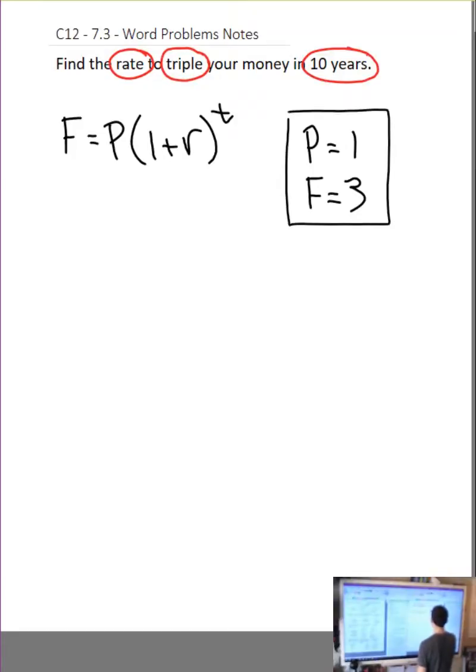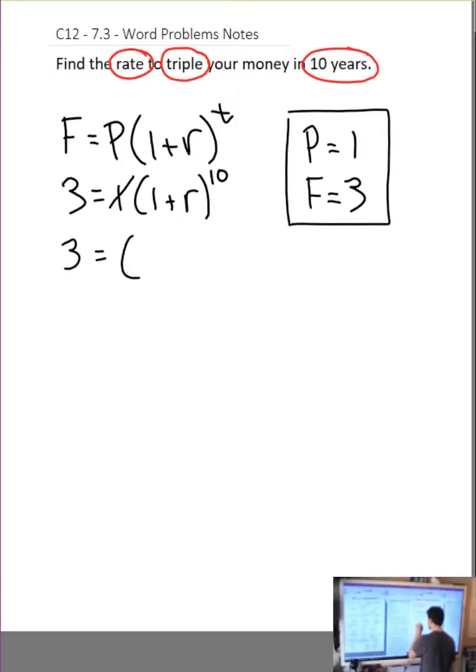Notice we didn't get that information in the question, and we could have just as easily arbitrarily started off with a different present value. So 3 equals 1, 1 plus r to the t. Excuse me, t is 10 years. So now I can simply divide by 1 and that goes away. So I have the equation 3 equals 1 plus r to the exponent 10.